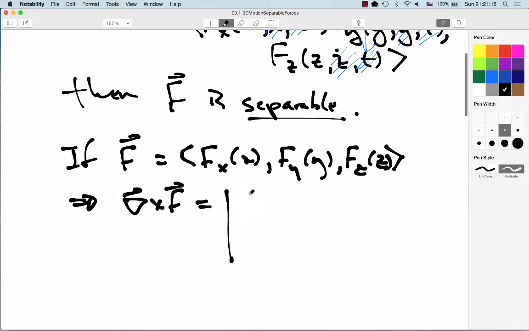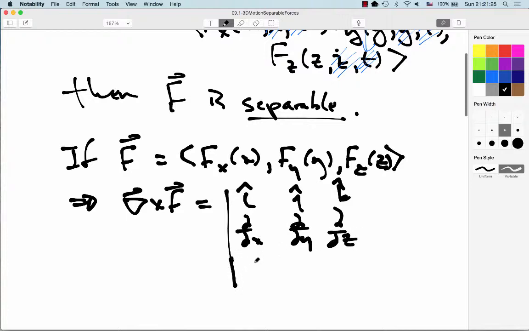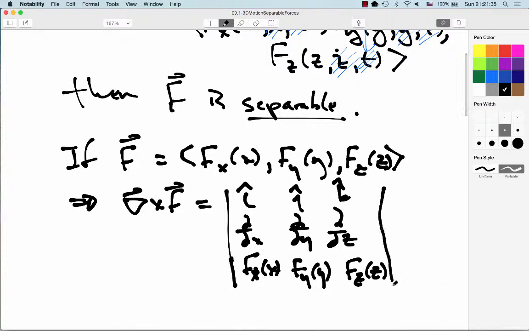And that will give us an i, j, k, partial x, partial y, partial z, and then we'll have our fx that only depends on x, fy that only depends on y, and fz that only depends on z.